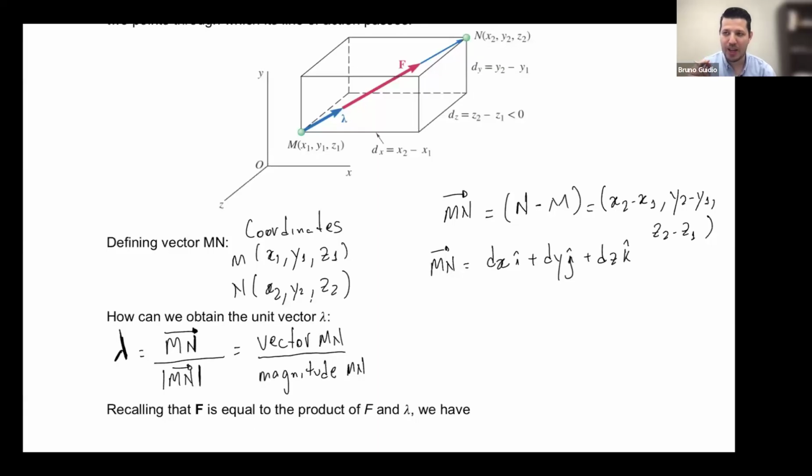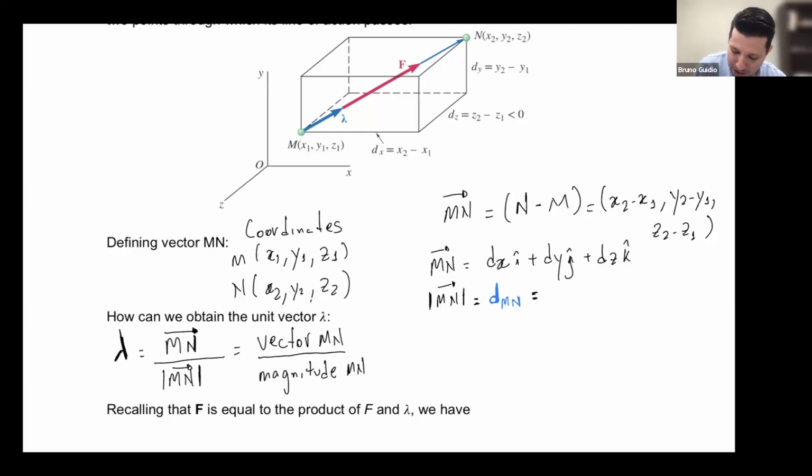How can I find the magnitude of a vector? Remember in 2 dimensions what we did? X squared, y squared, square root, because we use the right angle triangle, that equation. Here is pretty much the same. Let me write the magnitude of dMN like this, just to make a distinction between 2 dimensions and 3 dimensions.